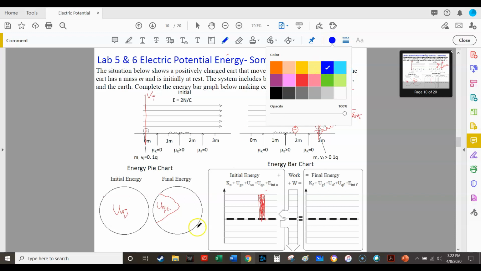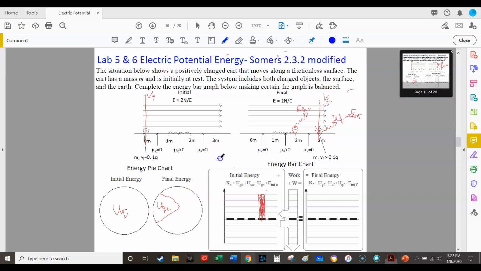Let's go ahead and put in the friction. So I'm imagining this area right here bled off a lot of energy to friction. And now it's radiating this heat, which is blue.